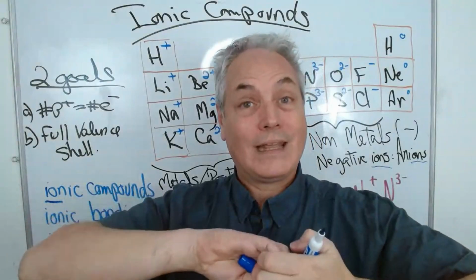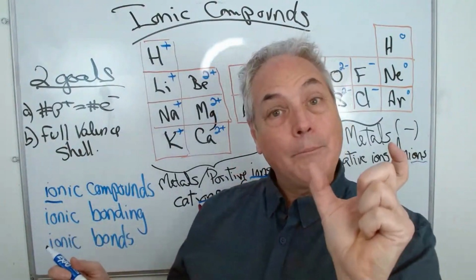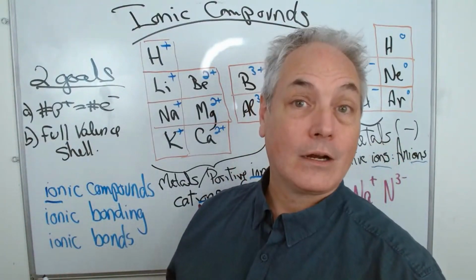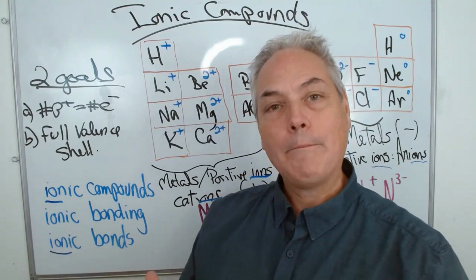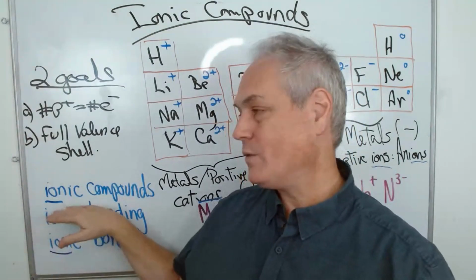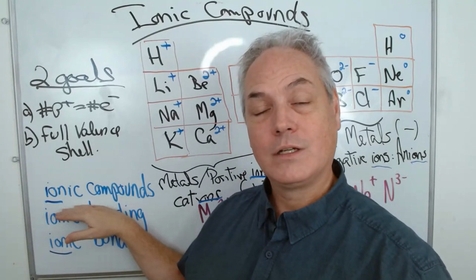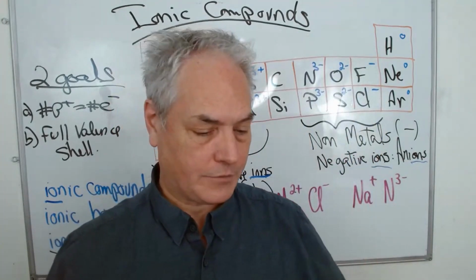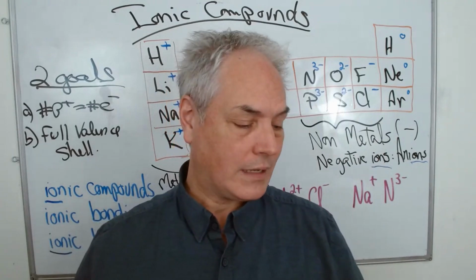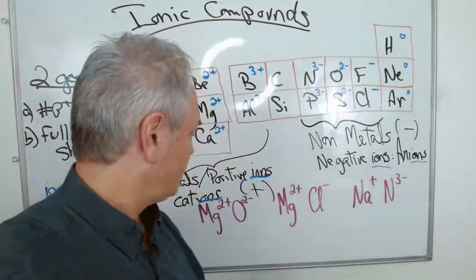And when you have an ionic compound, the bond that links the metals and non-metals are what we call ionic bonds. So the only way we can get an ionic compound is when you have a metal and a non-metal getting together. So let's see if we can look at how we can create some of those compounds.